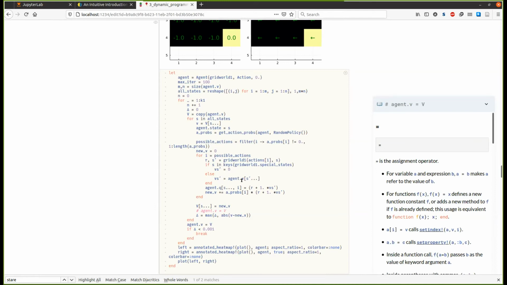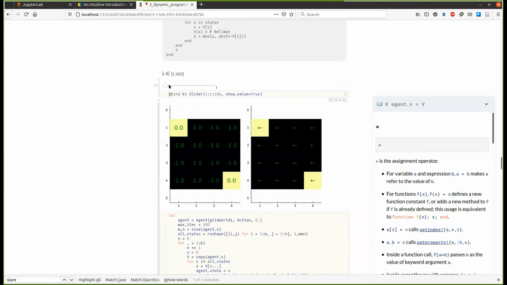We compute the value as the reward plus the value of the next state. And we do that iteratively until this delta here is smaller than some threshold.